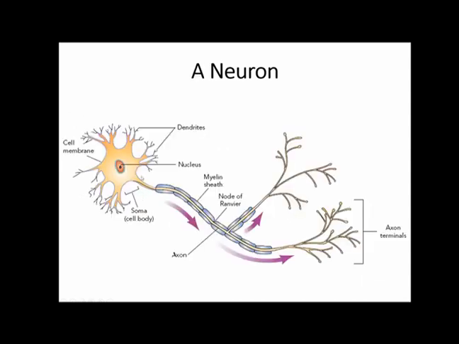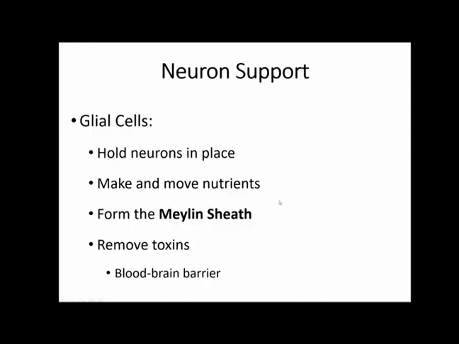And so that's that motion this way, away from the cell body and towards the end of our axons, or the axon terminals. It is where the axons terminate or end. And we'll come back to some of these other portions right away on the next slide.